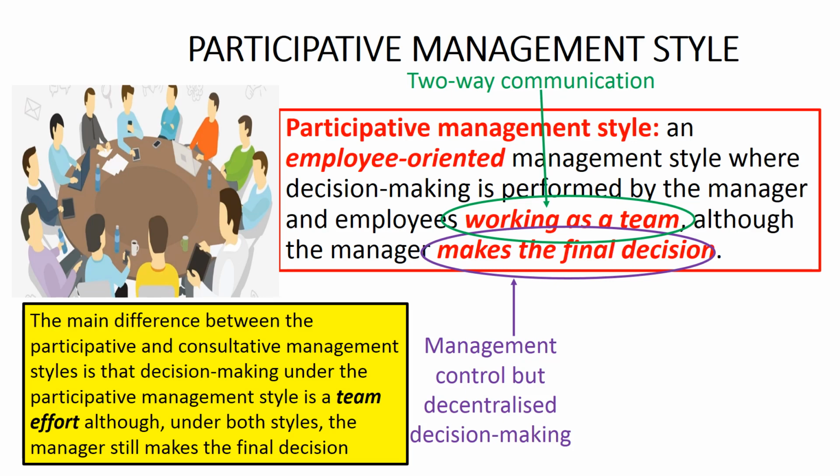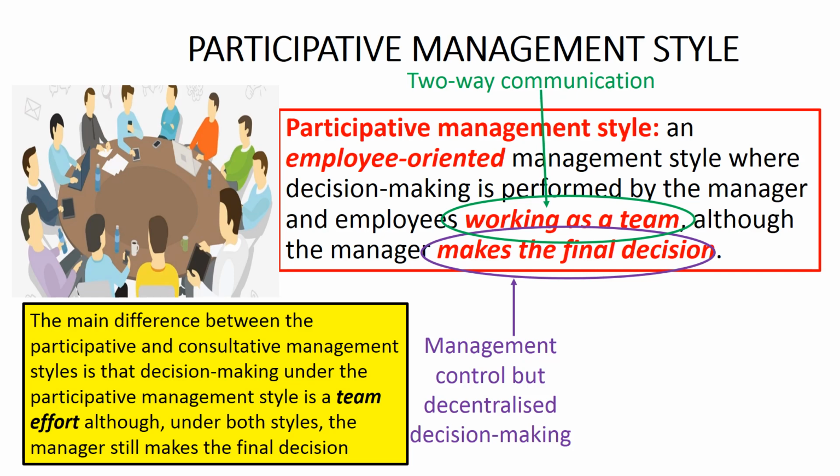However, the main difference between the participative and consultative management styles is that decision-making under the participative management style is a team effort. And that's why including the words working as a team is so important in this definition. This is different from the consultative management style, where the manager simply consults with employees before making a decision.